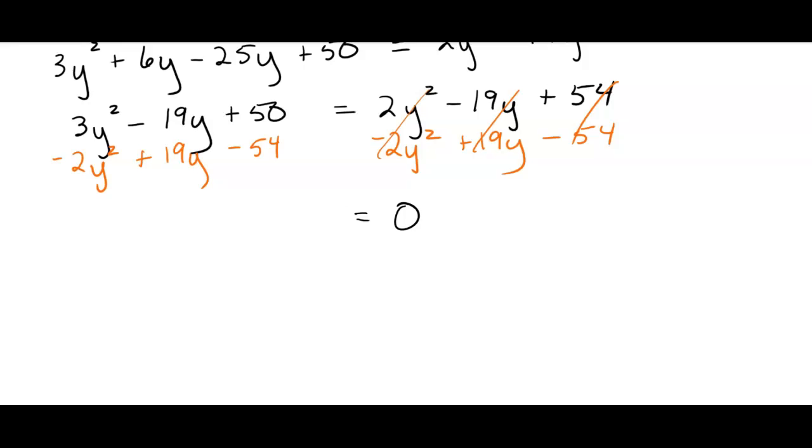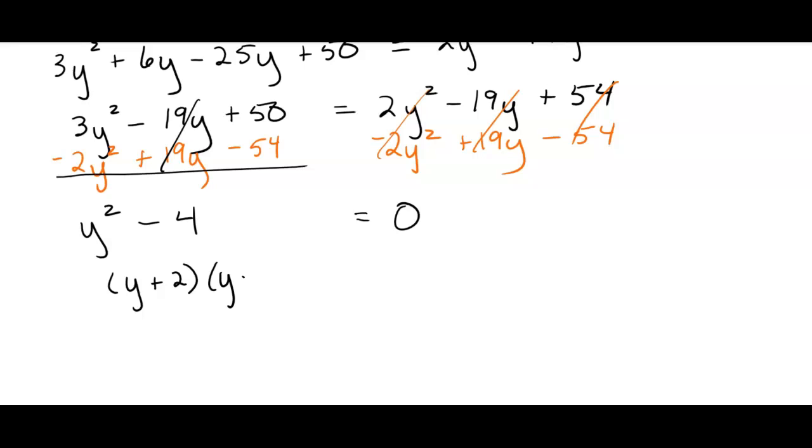On the left-hand side, now we have to be careful. What do we get? Well, we get a y squared. The minus 19y and the positive 19y, they're out, minus 4. So it all wound up being a fairly small quadratic equation. y squared minus 4, that factors. (y plus 2)(y minus 2).